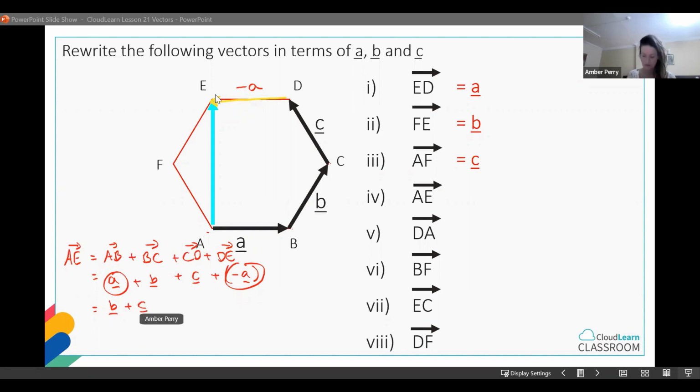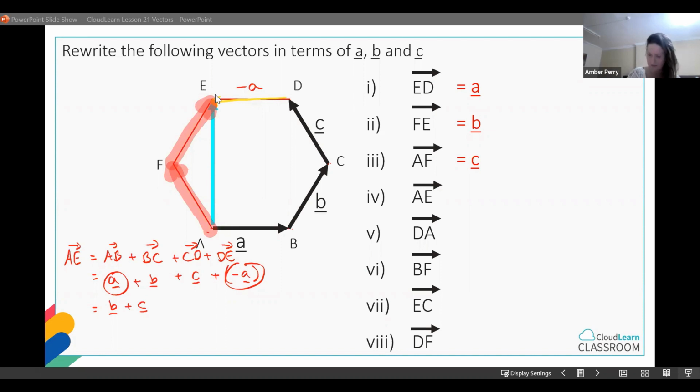And of course, hopefully, you can see that we could have done that in a much quicker way if we had just gone A to F. Let me get my different color highlighter. A to F. Oh, there we go. It's a proper highlighter. Okay, and then F to E. Let's look at which vectors those are equal to.